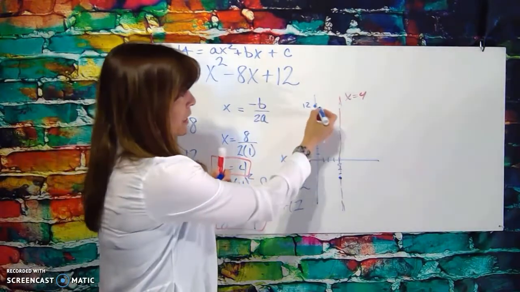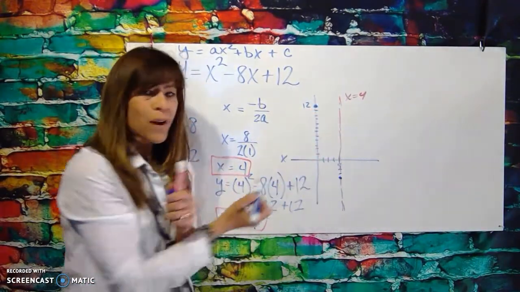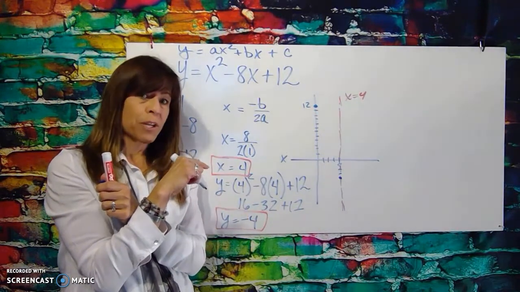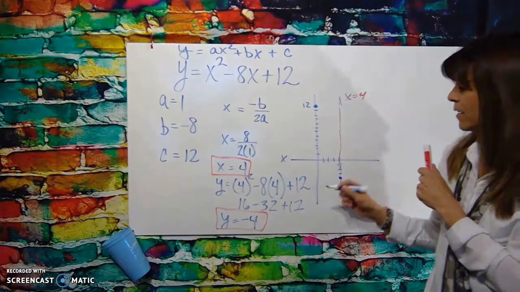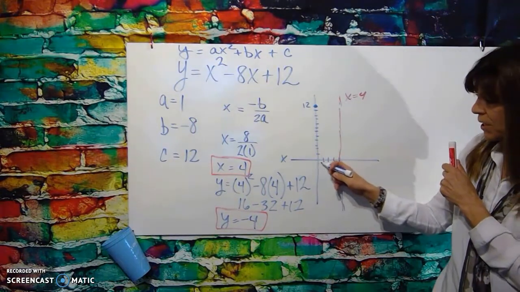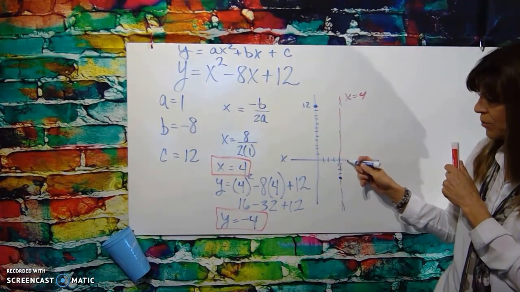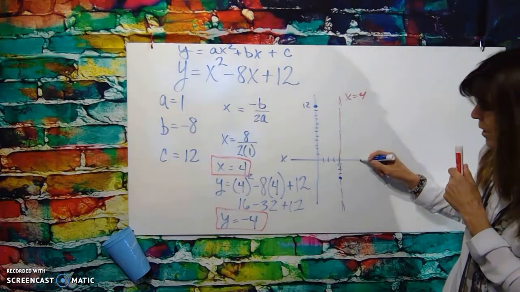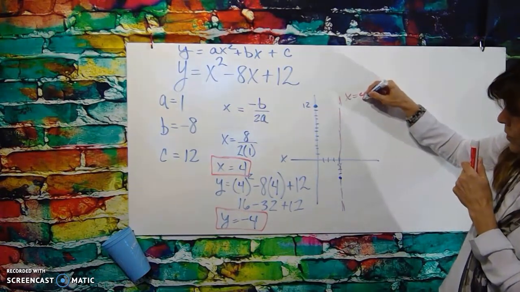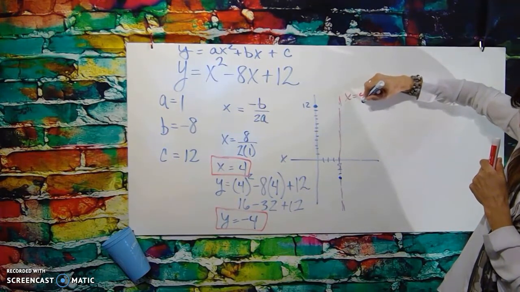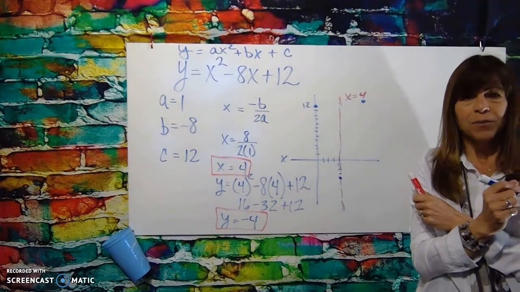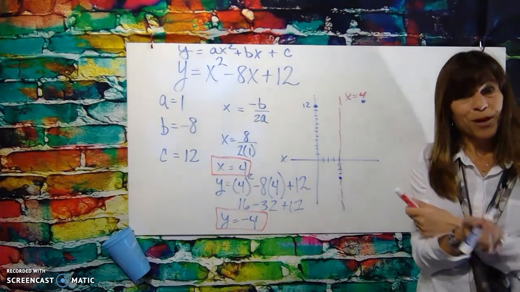So not only is 0, 12 a point on the graph, but also if you come back over on this side, because this is 4 away here, if we count 1, 2, 3, 4 away, then 8, 12, that point right there, if I can mark it, is also going to be a point on your parabola.